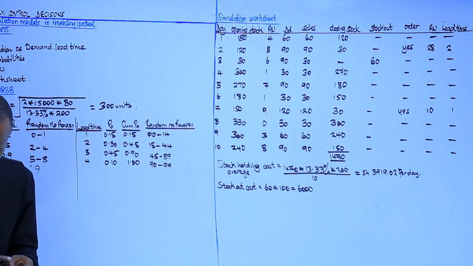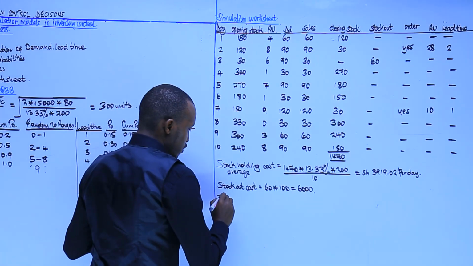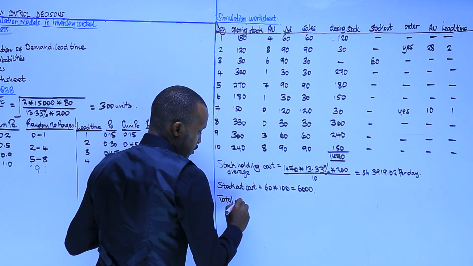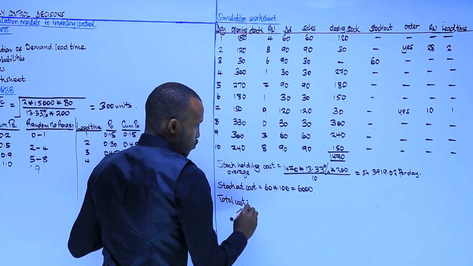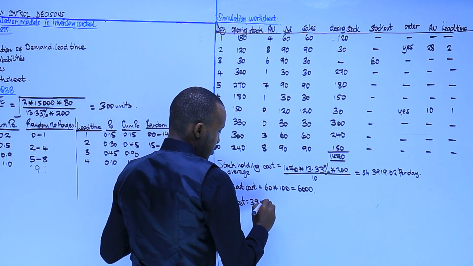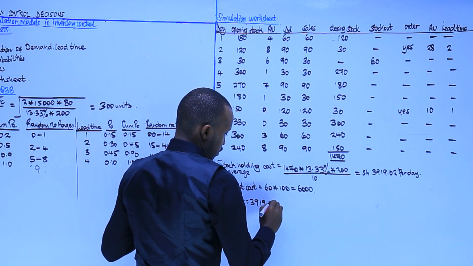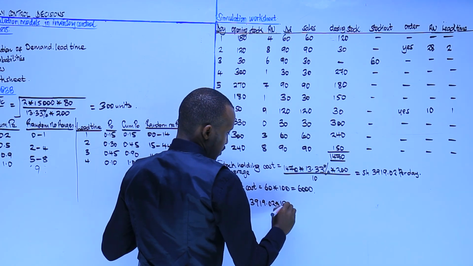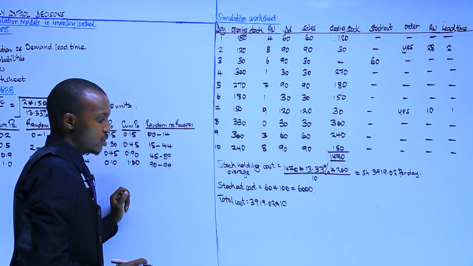All right. Then if they ask us for our total cost, it was not a requirement. You're going to take your holding cost, which is 19.02 times 10 days. That was the average.